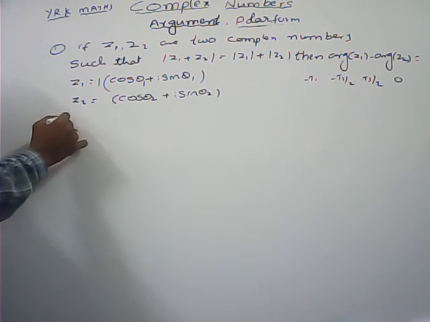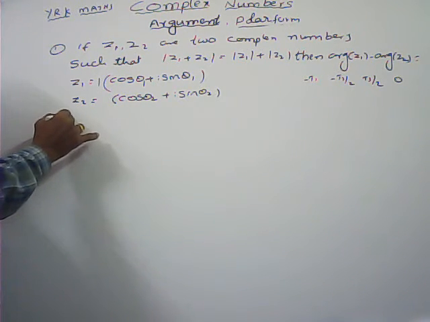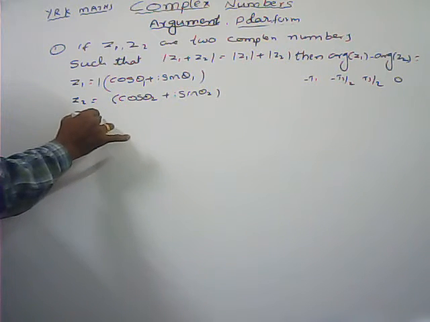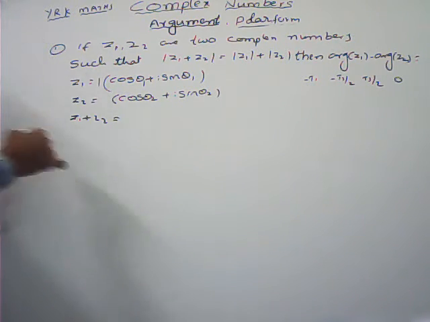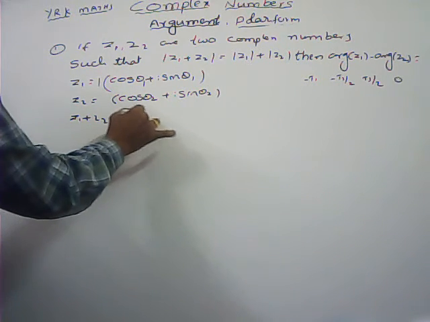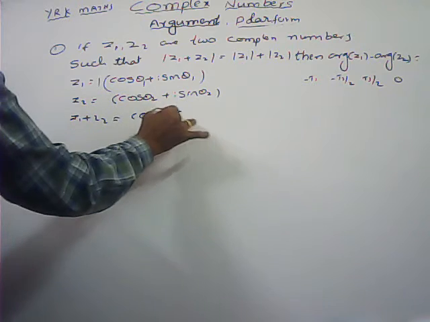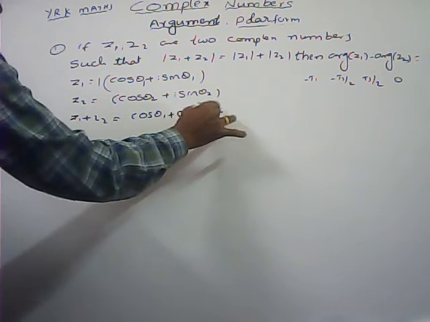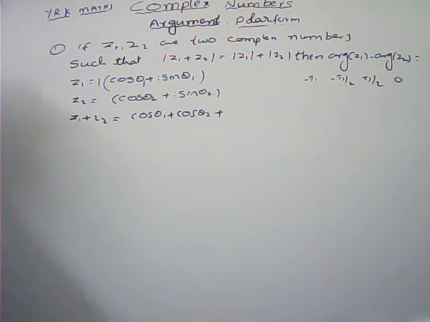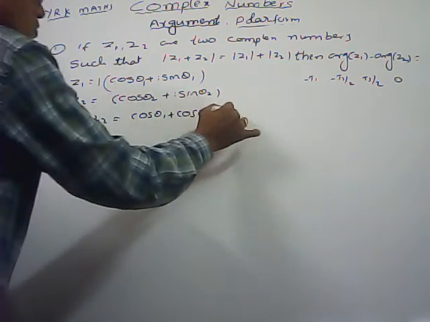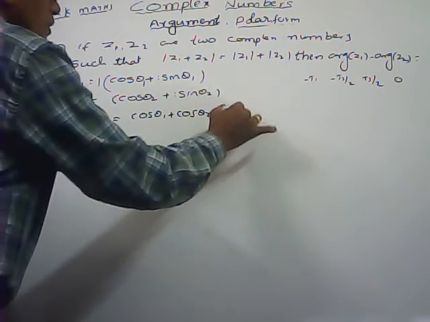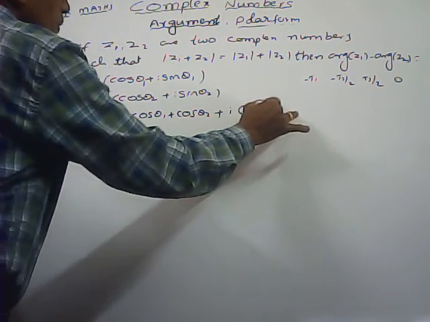Now modulus of Z1 plus Z2. How to add these two? By adding the real parts, cos theta 1 plus cos theta 2, plus i times the sum of the imaginary parts, sin theta 1 plus sin theta 2.